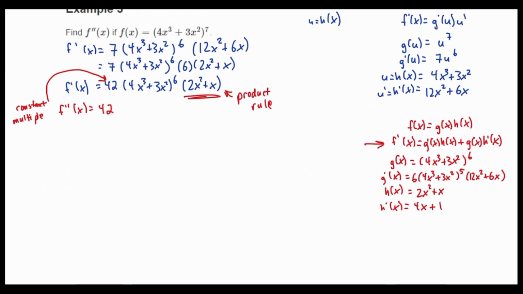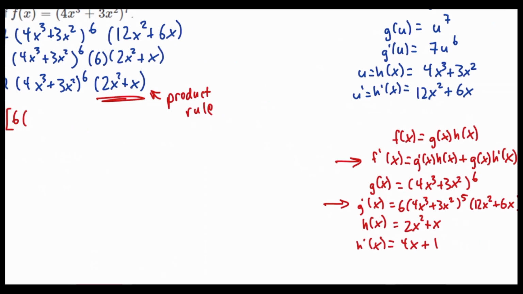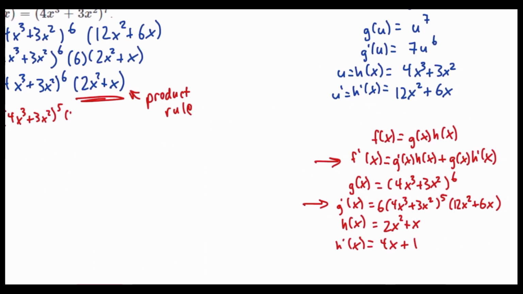So I'm going to have my g prime of x to start, and we saw that my g prime of x is equal to 6 times (4x cubed plus 3x squared) to the power of 5 times (12x squared plus 6x). And as part of our product rule, I need to multiply by my h of x. So let's go ahead and do that.